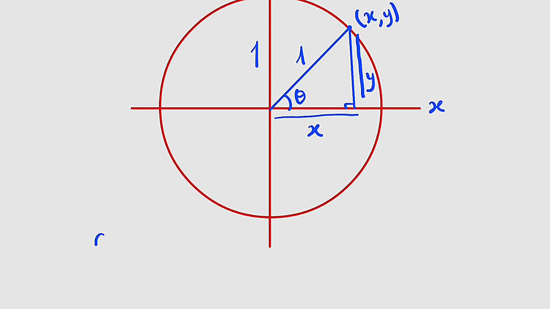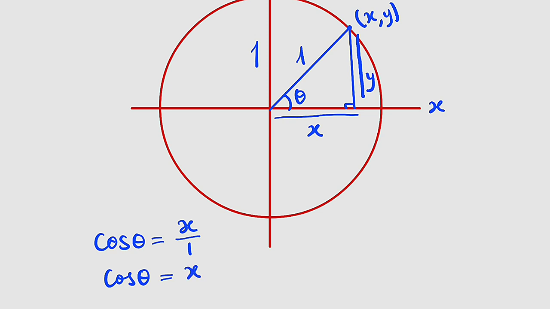Remember that cosine of an angle is equal to adjacent divided by the hypotenuse. And this is the adjacent side, which is x, divided by the hypotenuse, which is 1, because this is a unit circle and the hypotenuse is 1. This implies that cosine of angle theta is equal to x.